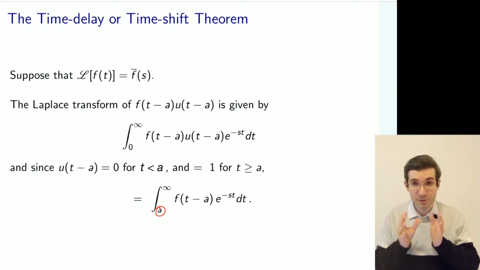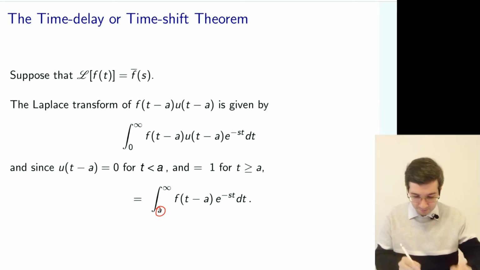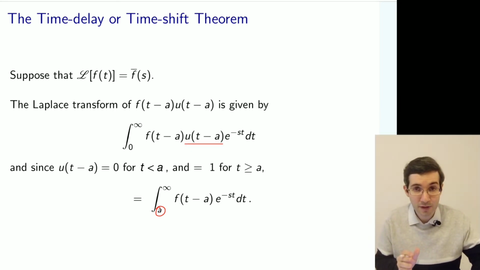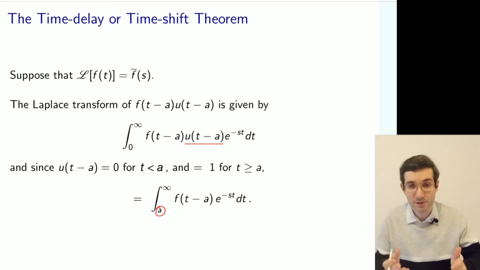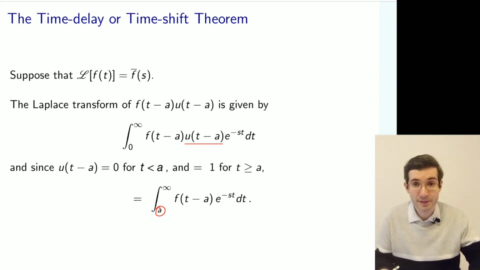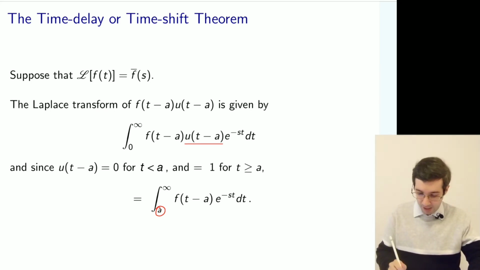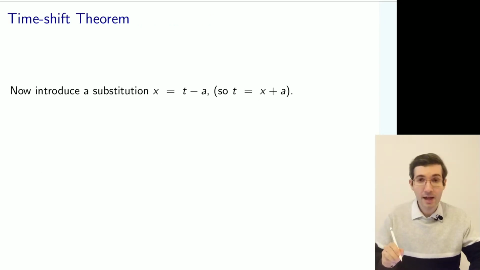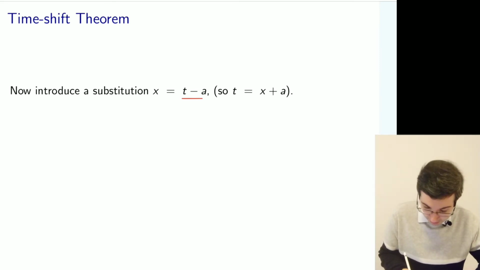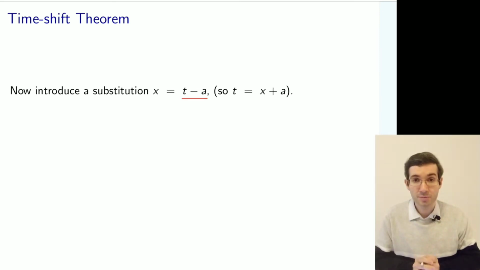So now we have the same integral, but starting from time equals a, and in this case we also can write the unit step function as just a function equal to 1, right? Because it's 1, we can just ignore this factor. And it is helpful to make a substitution in this case. The substitution is just this delayed or shifted variable.